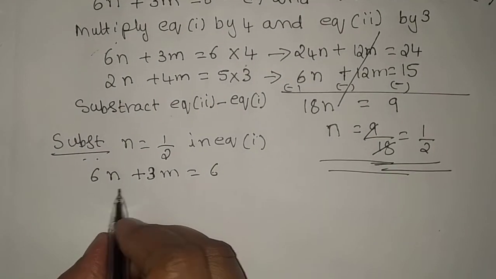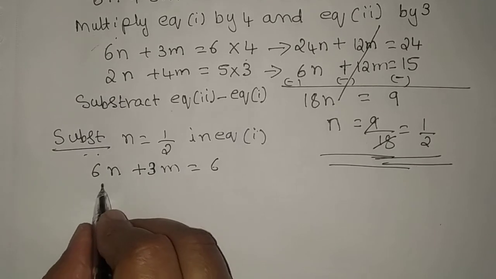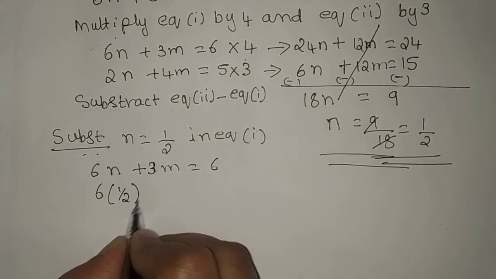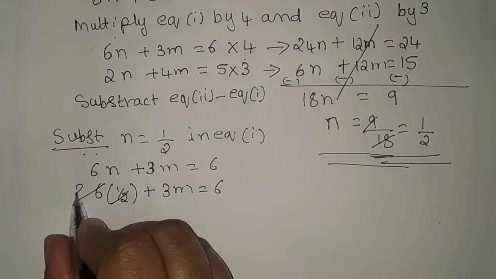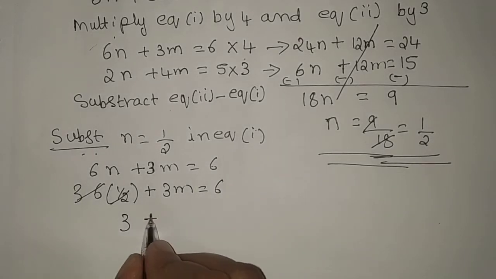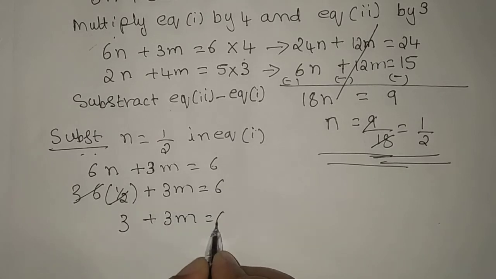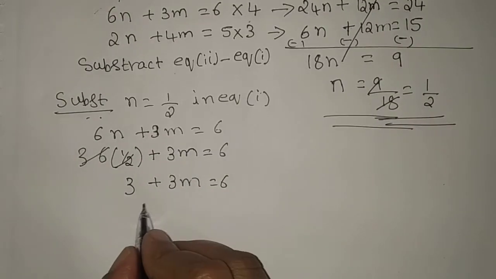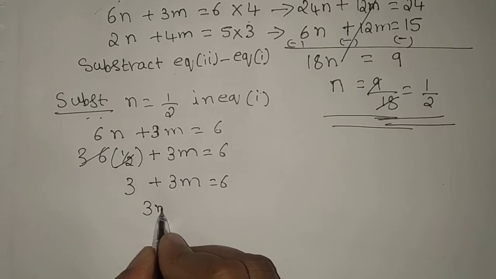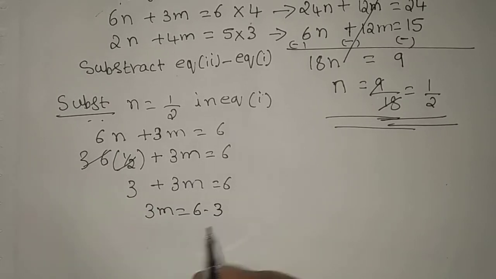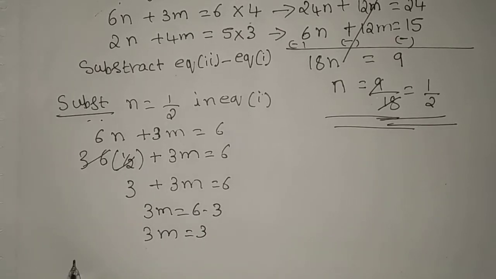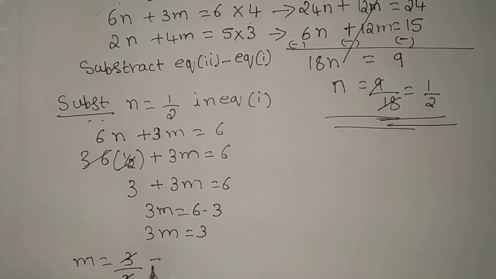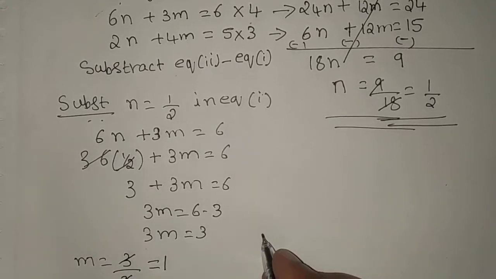Now we'll put n is equal to 1 by 2 here. Therefore 6 times 1 by 2 plus 3m is equal to 6. 2 ones are 2, 2 threes are 6, then we get 3 plus 3m is equal to 6. Therefore 3m is equal to 6 minus 3. Therefore 3m is equal to 3. Then m is equal to 3 by 3. Cancel, we get 1 as m.